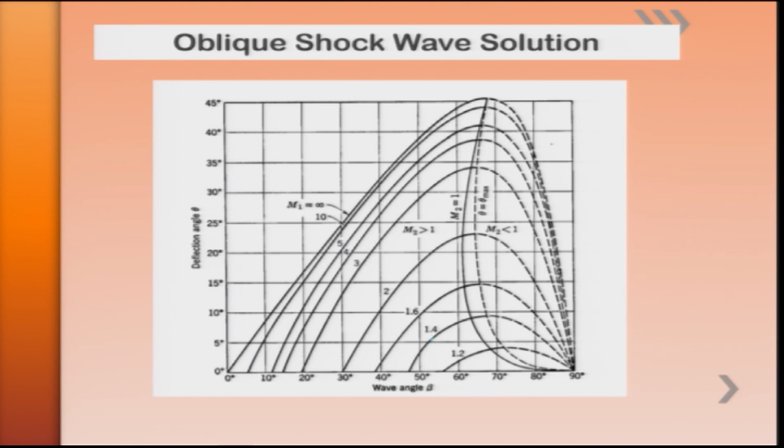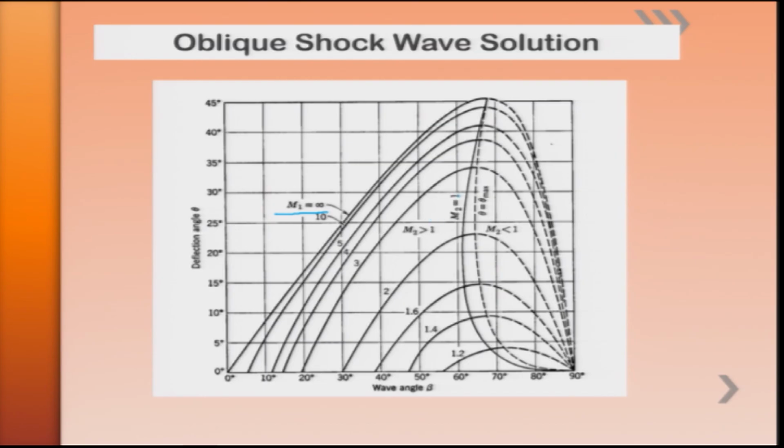At various incoming Mach numbers, which I have shown here, 1.2, 1.4, 1.6, 2, 3 and up to theoretical infinity, we find that as we increase the Mach number, the graph shifts rightward. What other things can we see here?